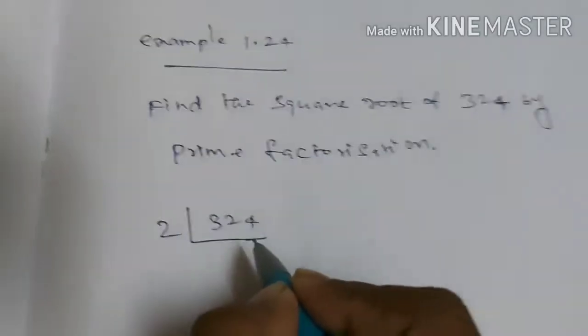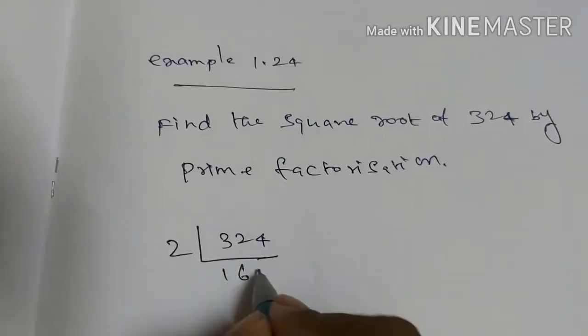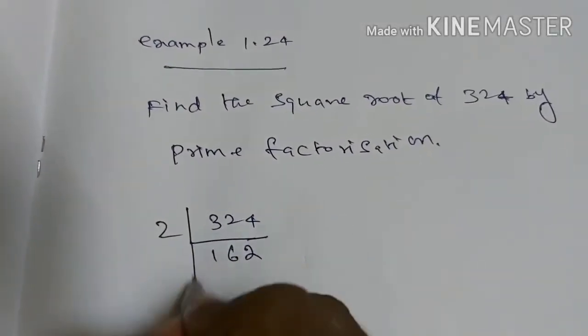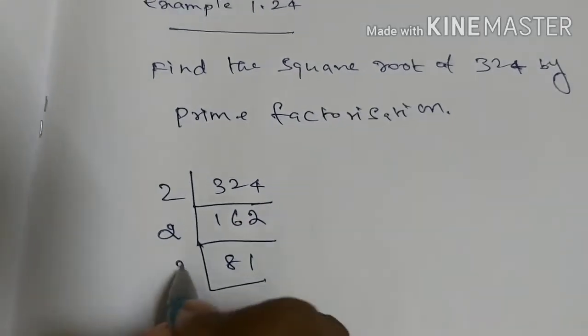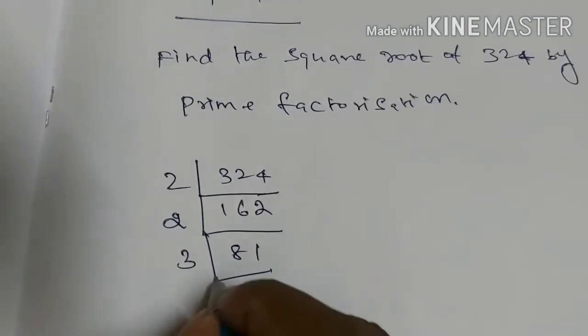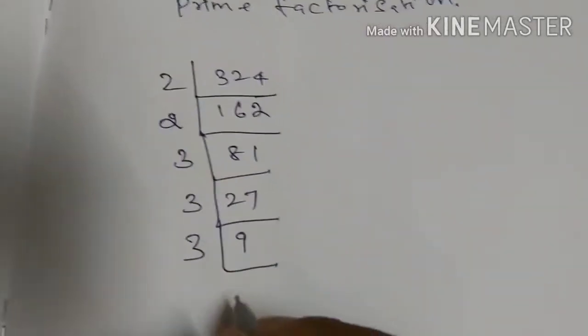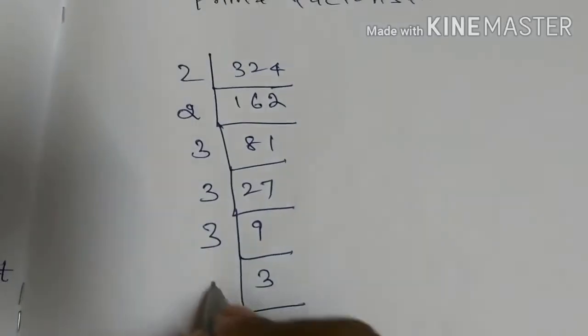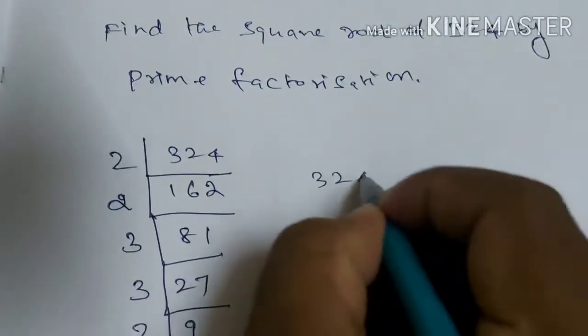Divided by 2, 162 times. Again 162 divided by 2, 81 times. 81 is not divisible by 2, so by 3, 27 times. Again 27 by 3, 9 times, 9 3s are 9, again 9 by 3, so the remaining value is 1.